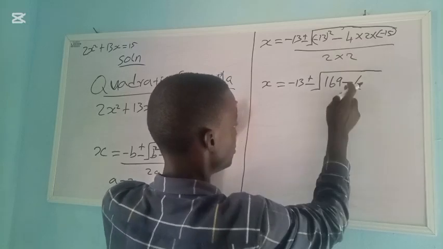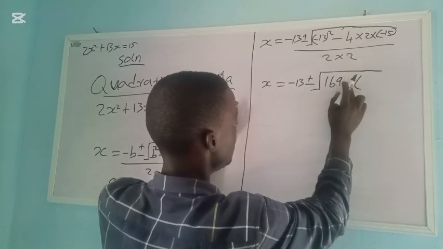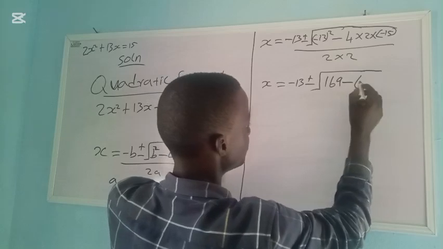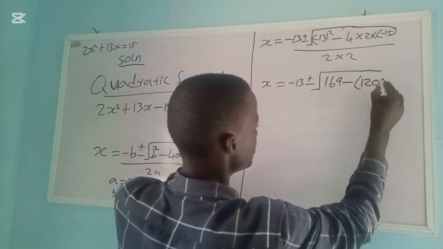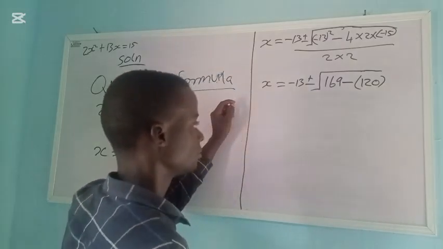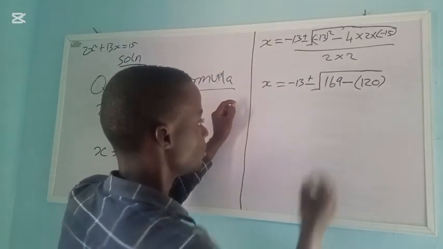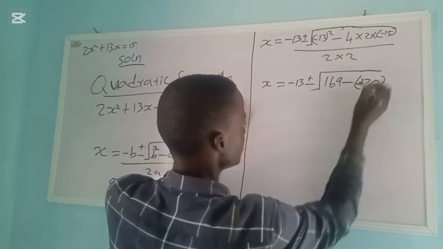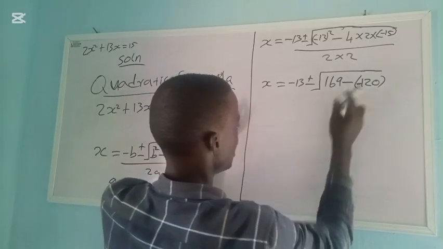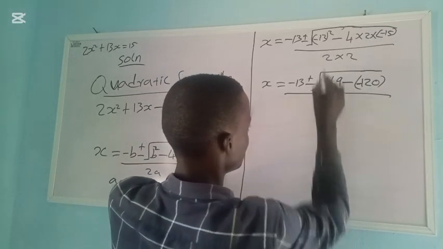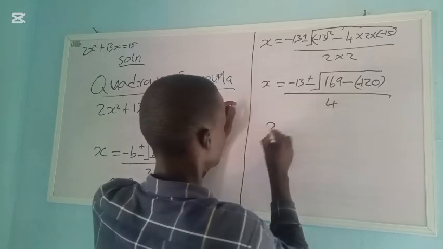Let me just first do this one. Let me leave this minus first. So we will have 120. So 169 minus minus 120 because of this minus. Now 2 times 2 is 4.